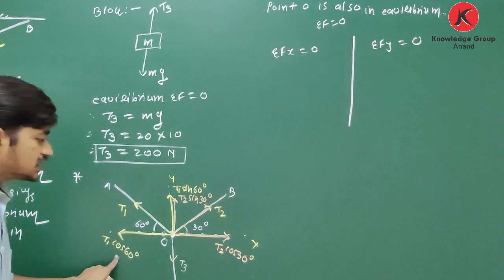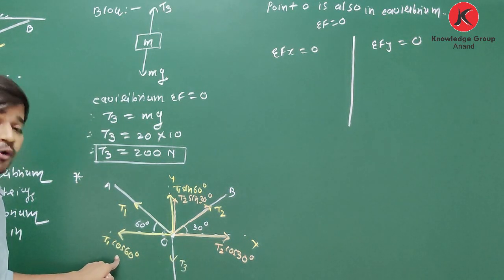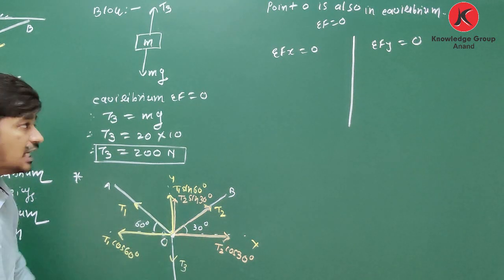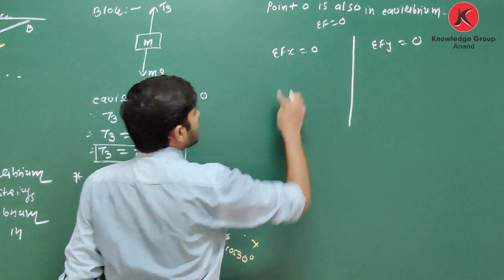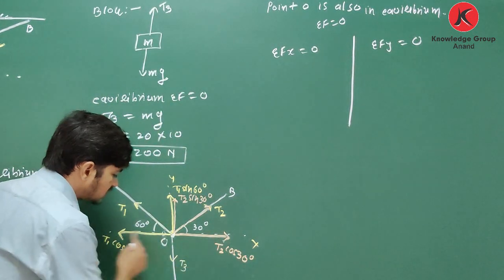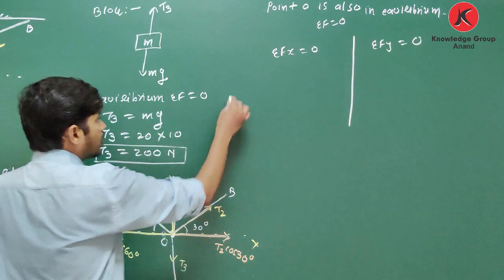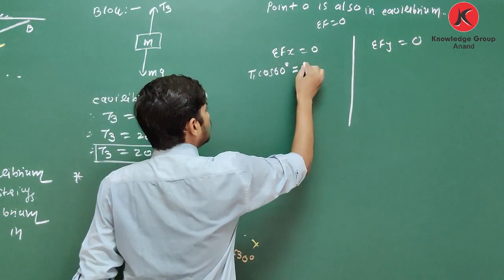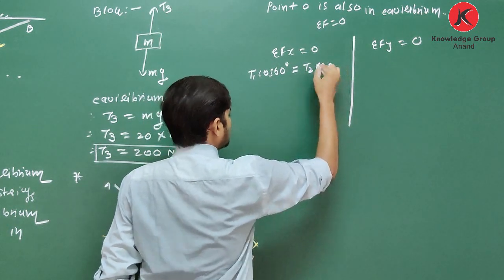If these two forces have equal magnitude and opposite direction, then the resultant force becomes 0. So, as sigma Fx is equal to 0 and two forces are acting along the x direction, I can write T1 cos 60 is equal to T2 cos 30.